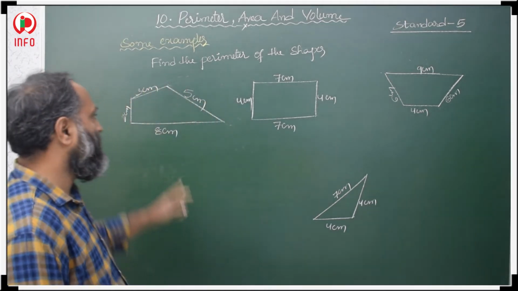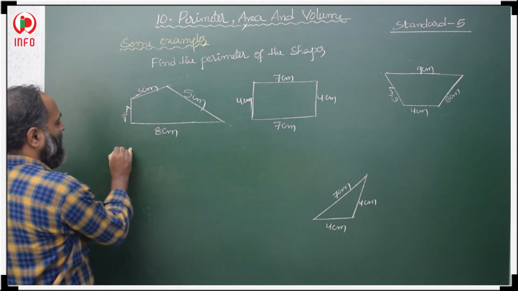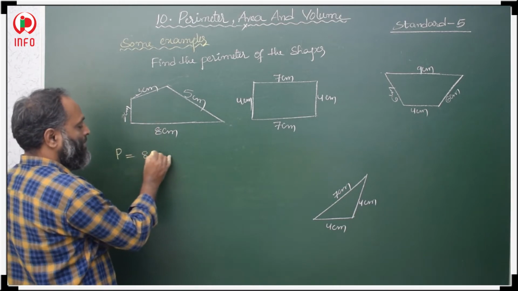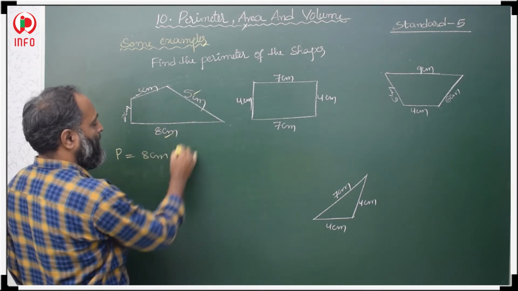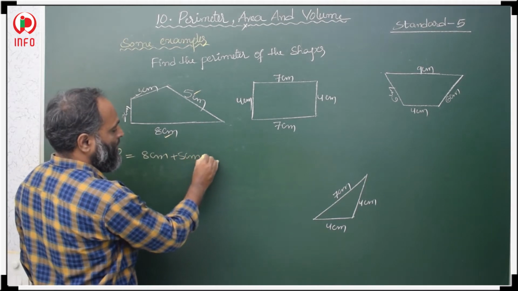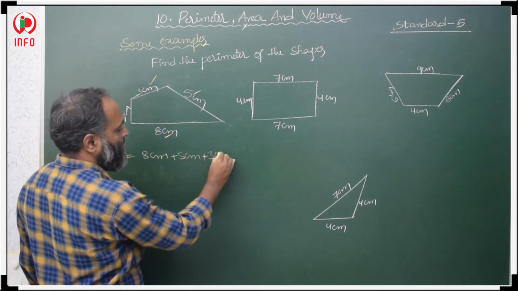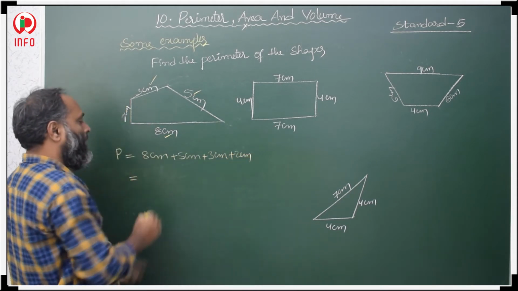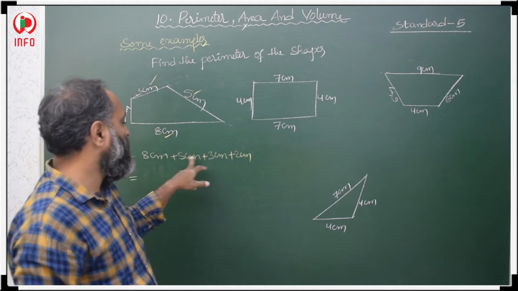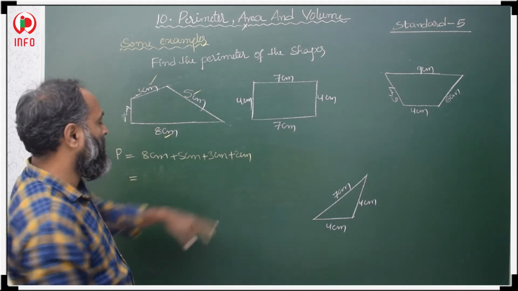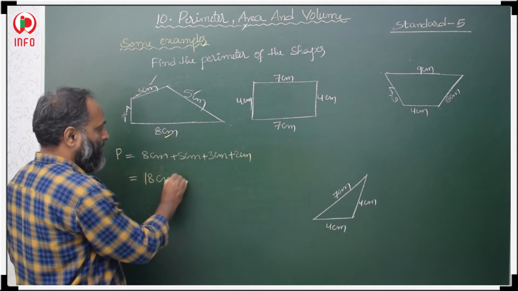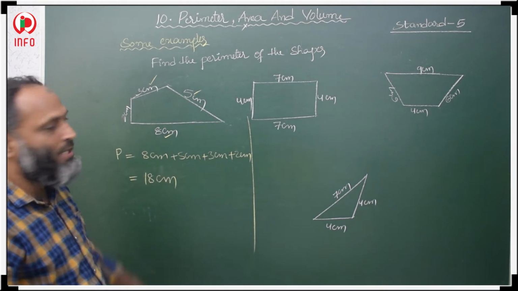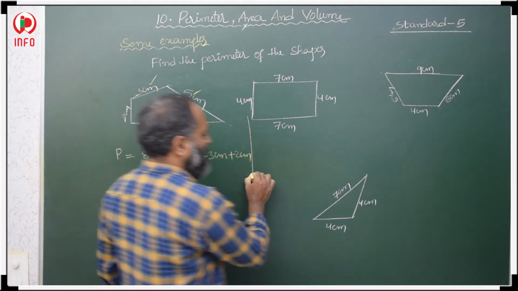Perimeter P is equal to 8 centimeters, 5 centimeters, 3 centimeters, then 2 centimeters. Now 8 plus 5, 13 plus 3, 16 plus 2, 18. So this perimeter is 18 centimeters.